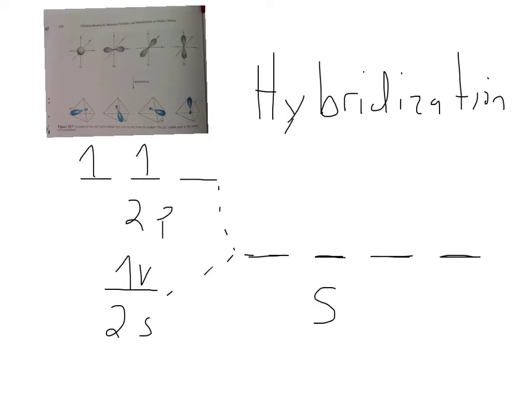They are 1 part s and 3 parts p, so we put a 3 here, and we call them sp3 hybrid orbitals.